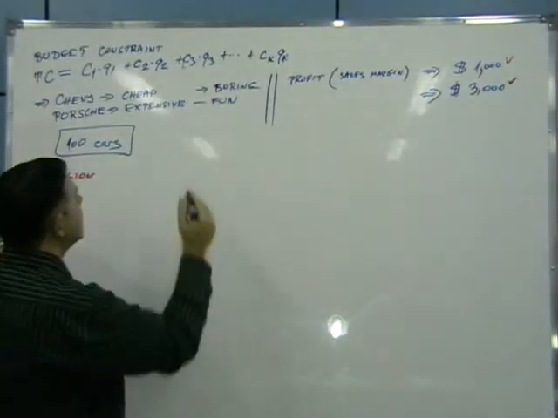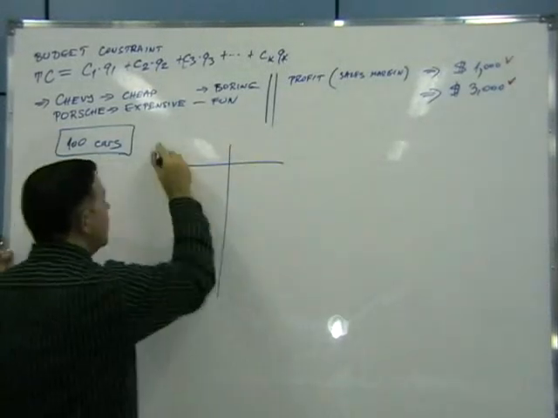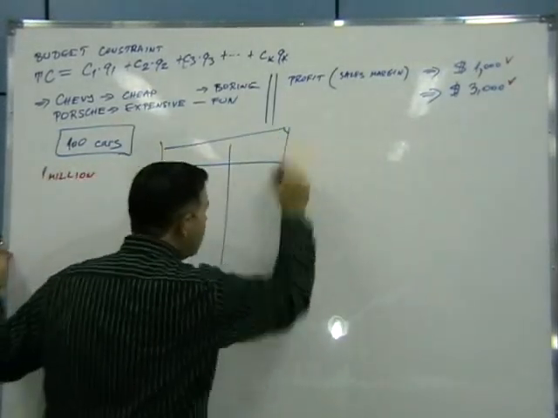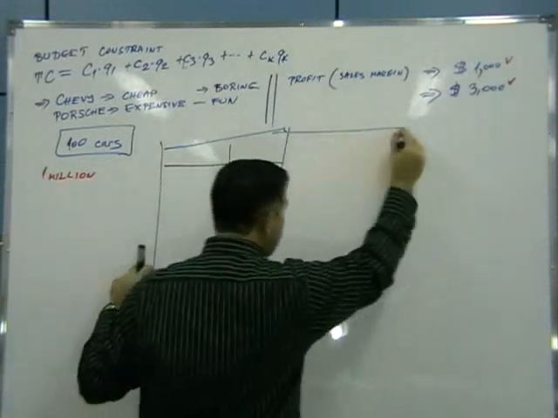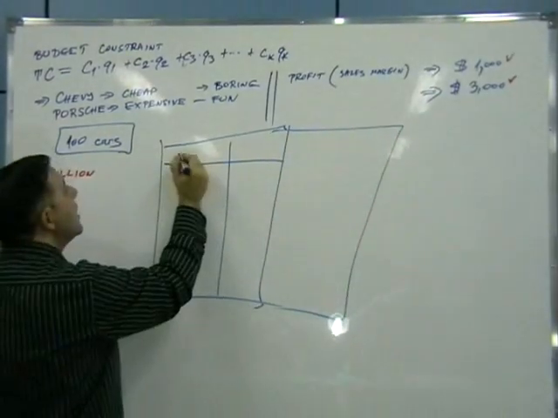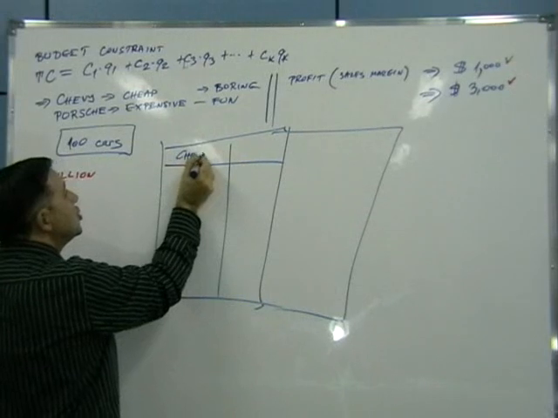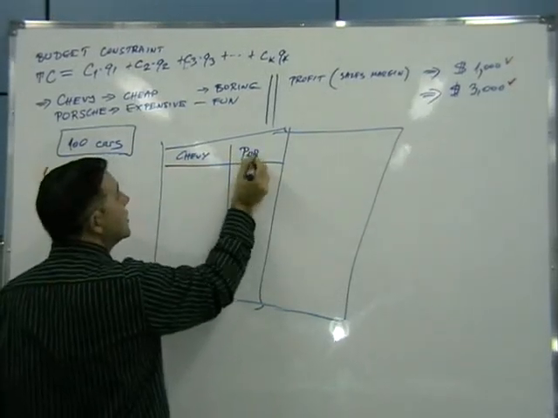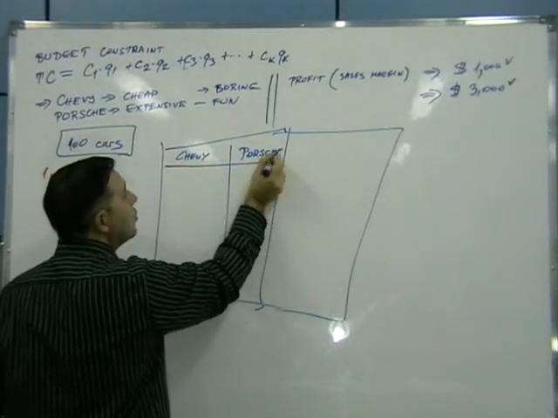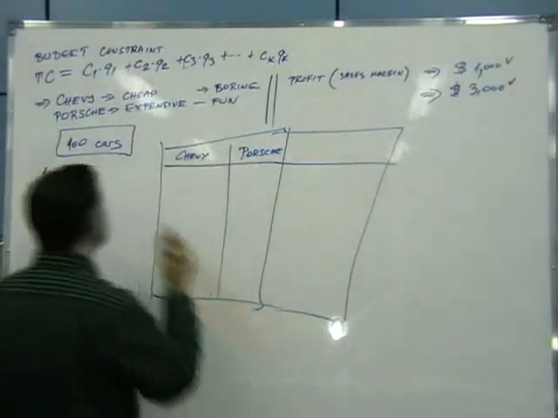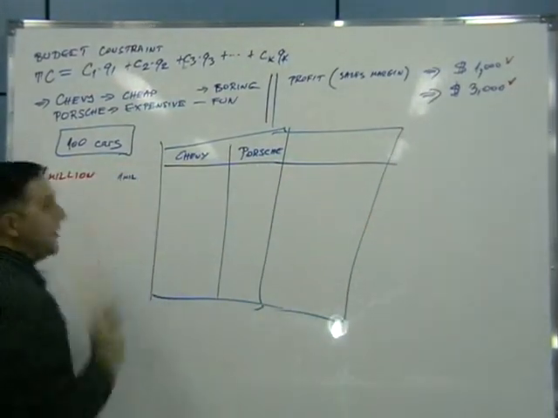So what we have here is 1 million, this is Chevy, this is Porsche.